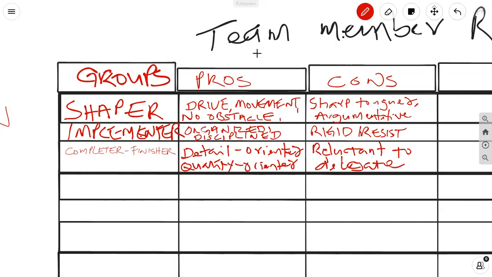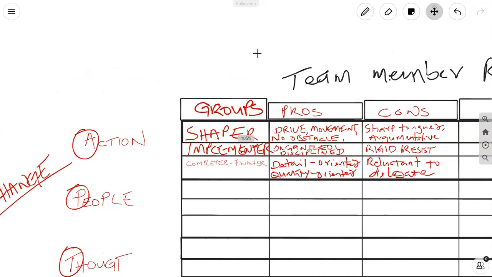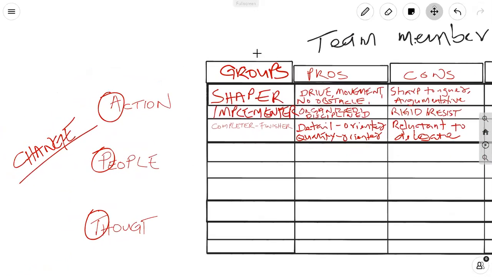Whereas in other settings, I could become an implementer, you see. So what Mr. Belbin is saying is not that we are one of these and nothing else. No, that's not what he's saying. All right. So I hope you caught that first group there, action.